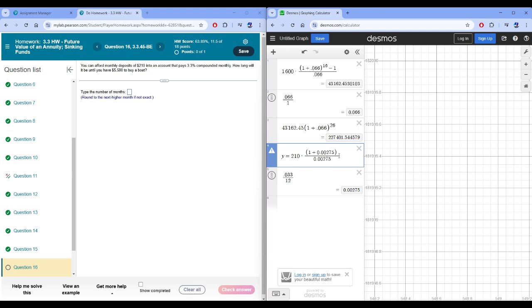How long? Well, monthly payments, we don't know what that's going to be equal to, so that's 12x. And then, is it minus 1? I believe up here should be minus 1.